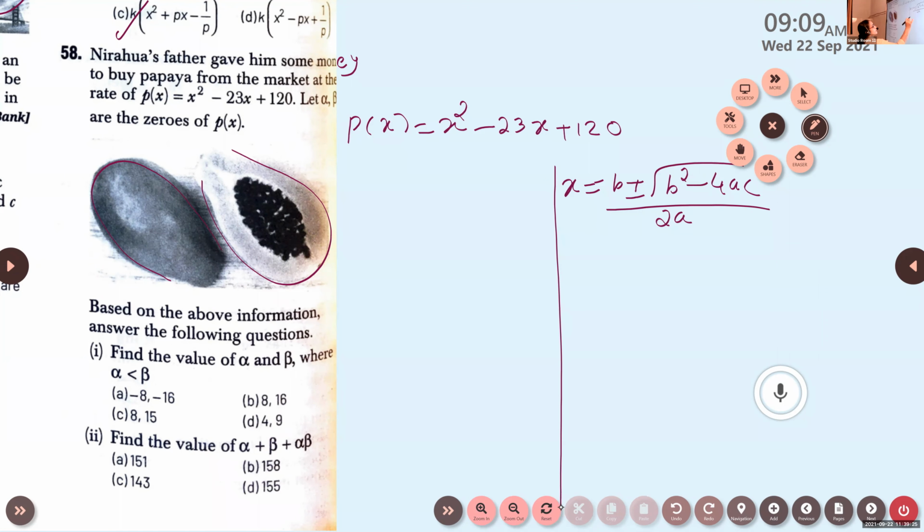You have to get two numbers whose sum is negative 23 and product is 120.